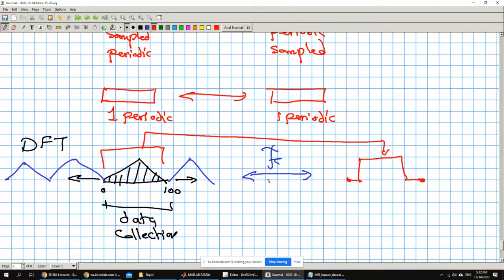Here also, the assumption of periodicity will hold. So I'm assuming also that beyond these two points, beyond the period that I computed, there will also be repeated versions of the same function as I have it here. So this is an assumption. You will never see it except when you have something wrong.